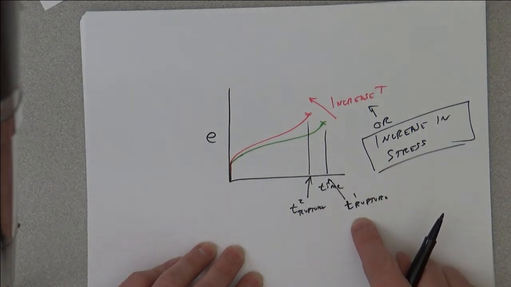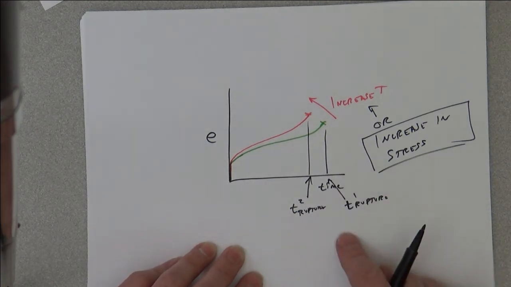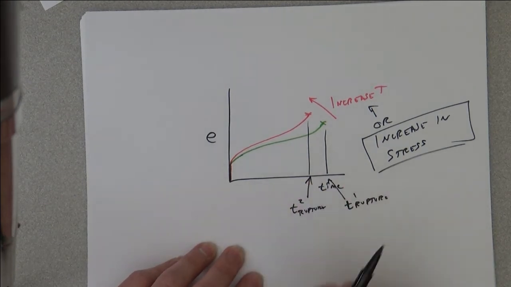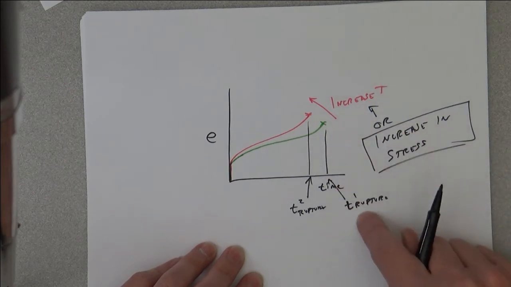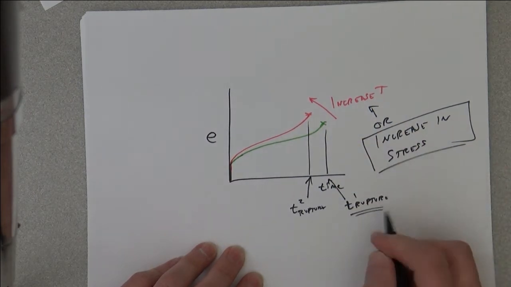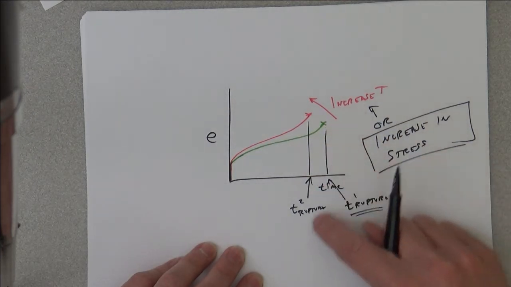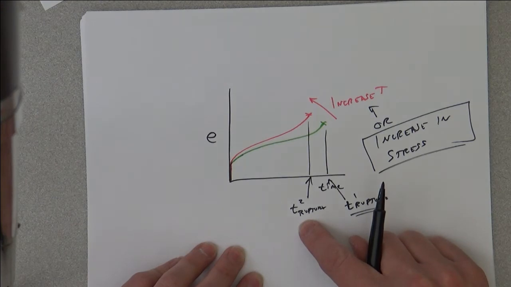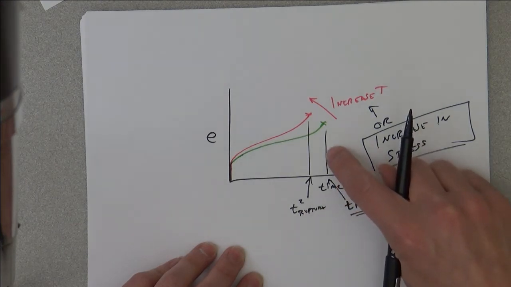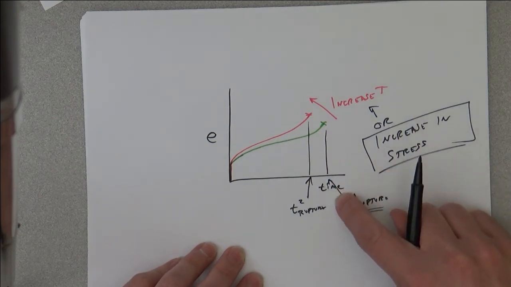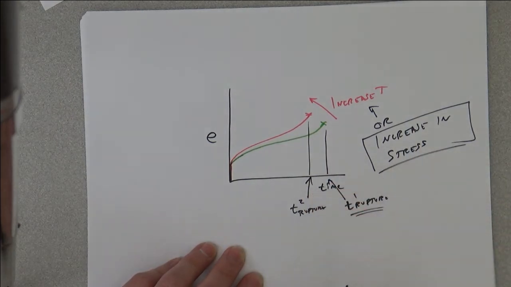So the average time to rupture, and again, this is a system that you'd want to run multiple tests on to get an average rupture time, but certainly at lower temperatures you would have a rupture time which is longer than at higher temperatures, and at lower applied stress you would also have a longer lifetime prior to failure.